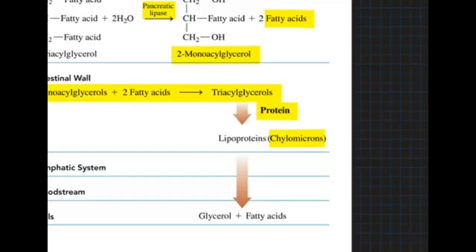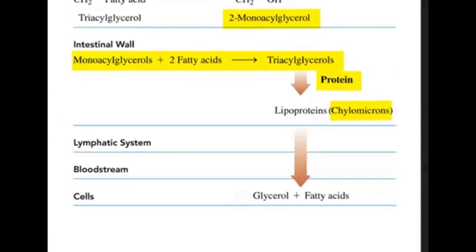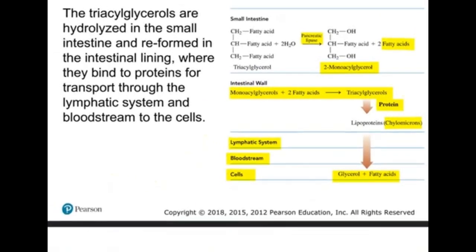These chylomicrons first go into the lymphatic system, into special lymphatic vessels called lacteals. Then they end up in the bloodstream and eventually reach cells, where they are completely broken down in the process of lipolysis into glycerol and fatty acids.